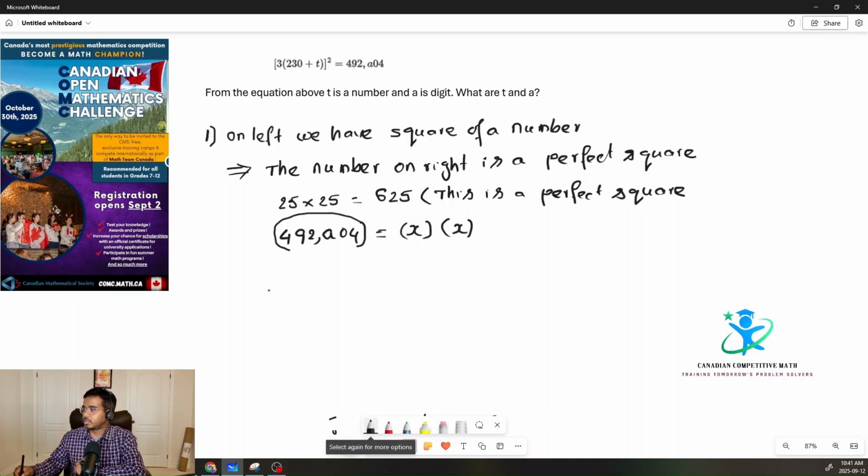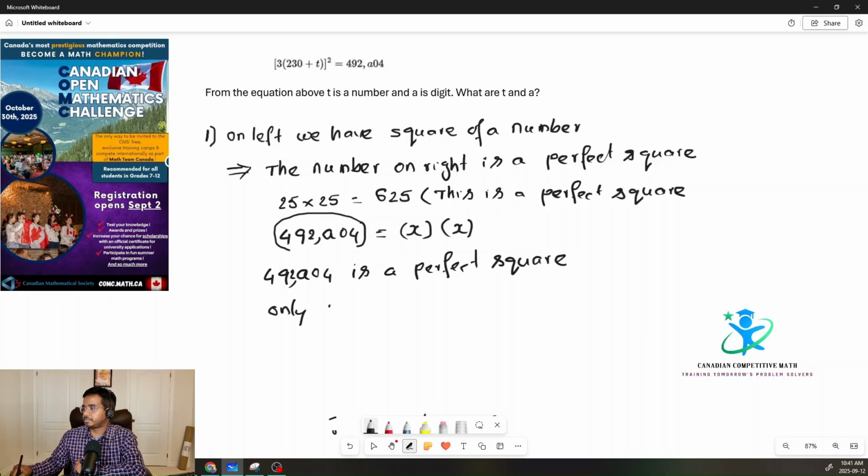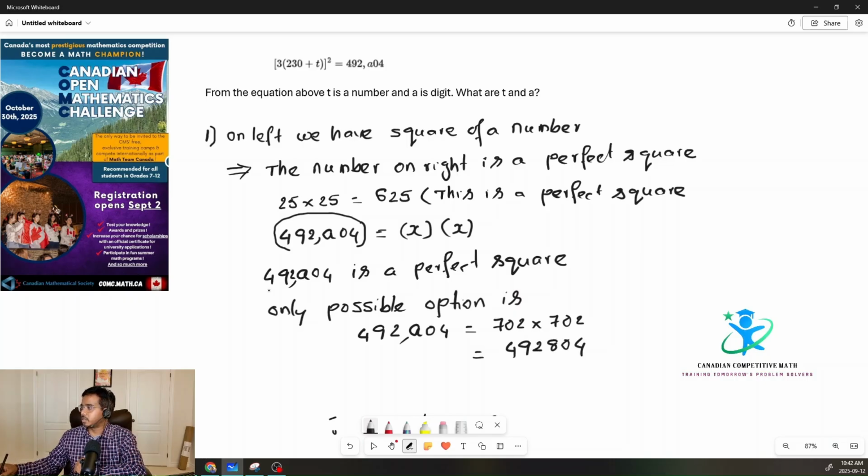The only possible option is that 492,A04 is equal to 702 times 702, which is equal to 492,804. We established that.